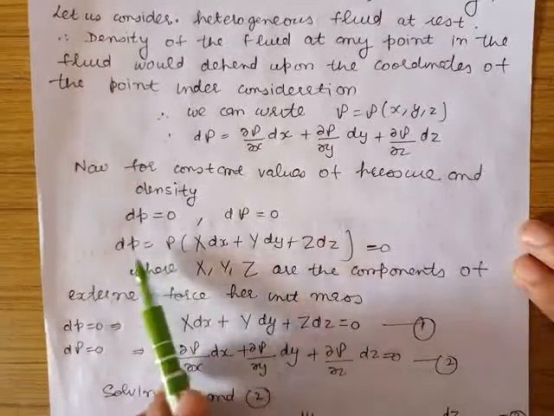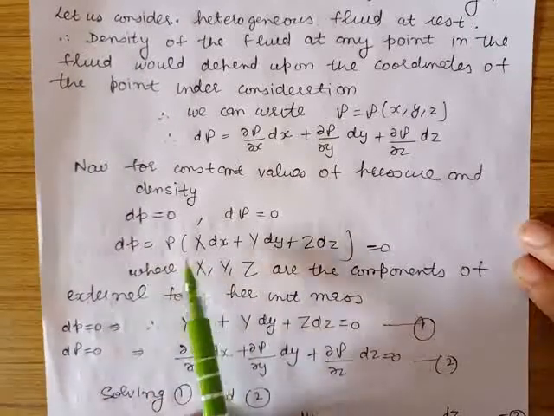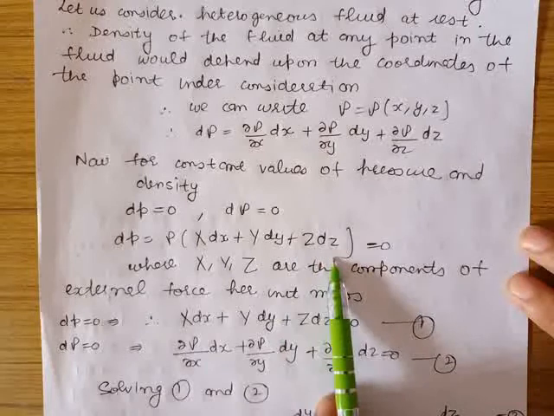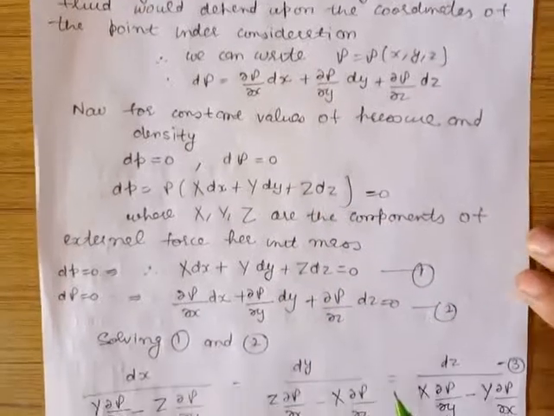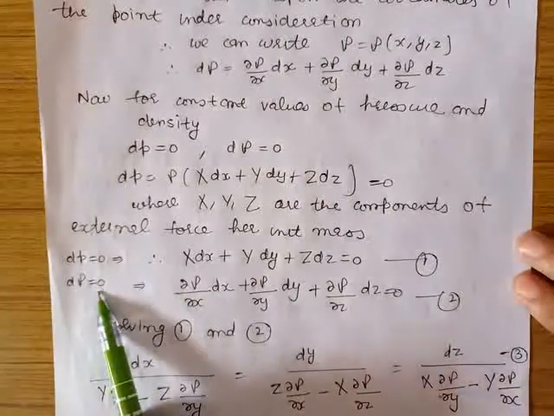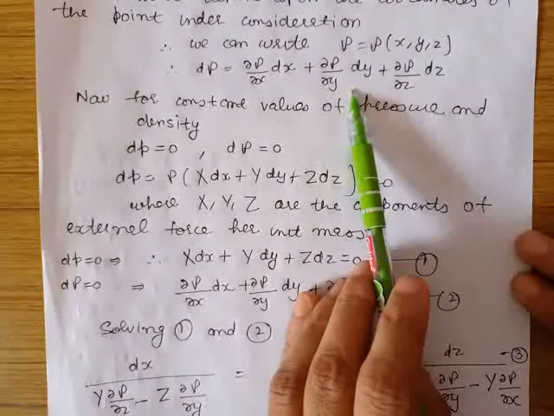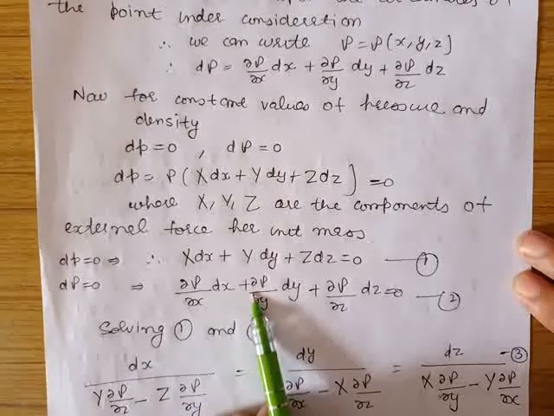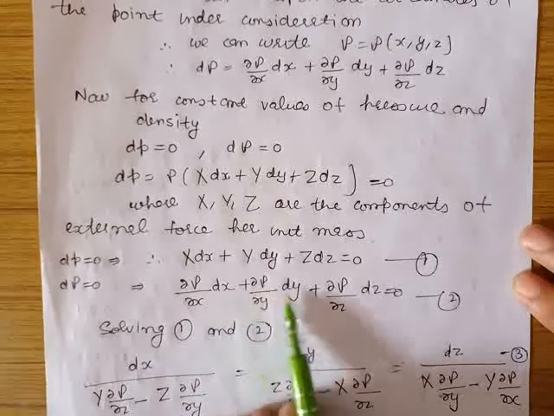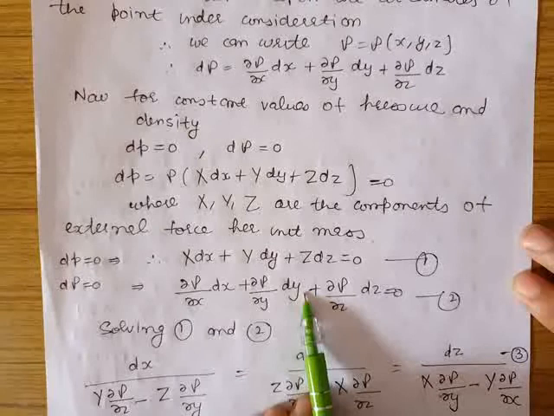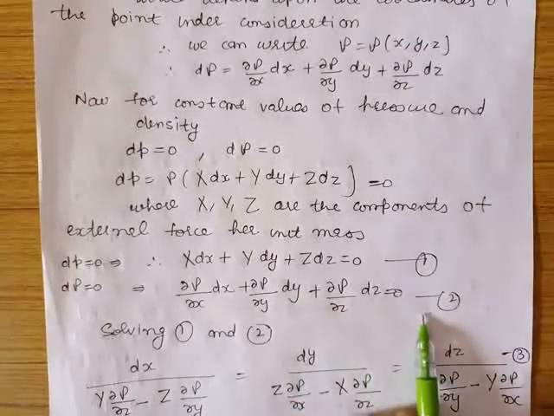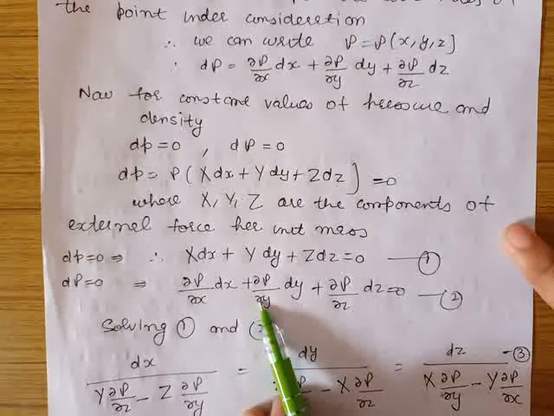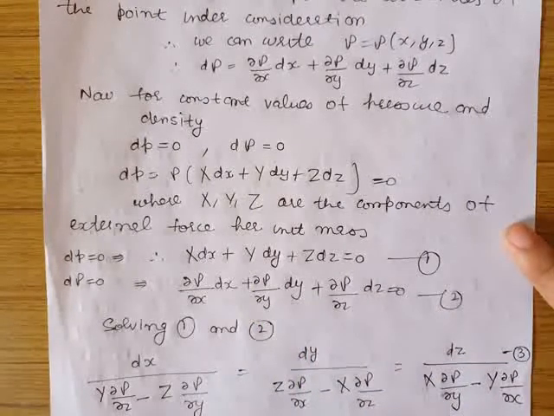So dP equal to 0 means X dx + Y dy + Z dz = 0, and dρ equal to 0 implies that ∂ρ/∂x dx + ∂ρ/∂y dy + ∂ρ/∂z dz = 0. Now we have these two equations. Let us solve these two equations simultaneously.